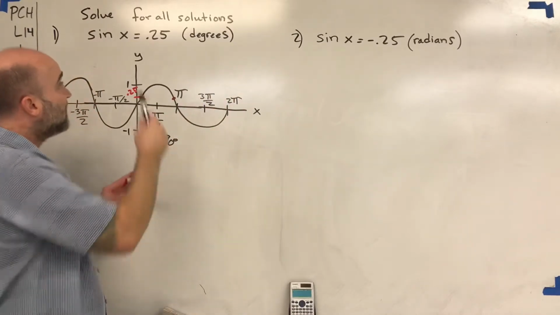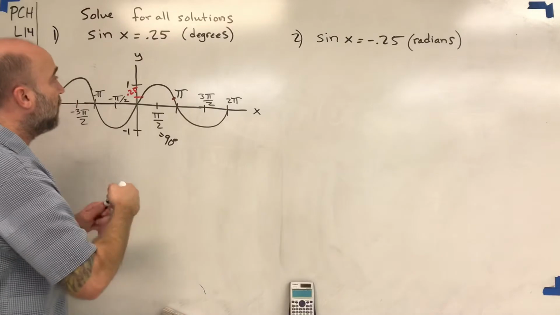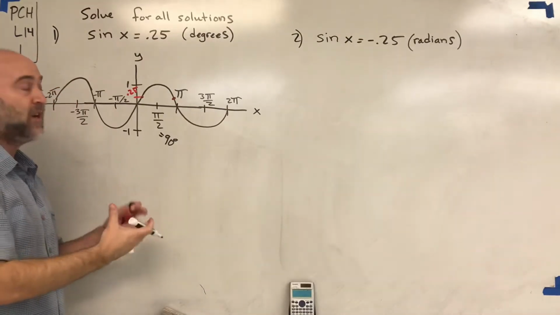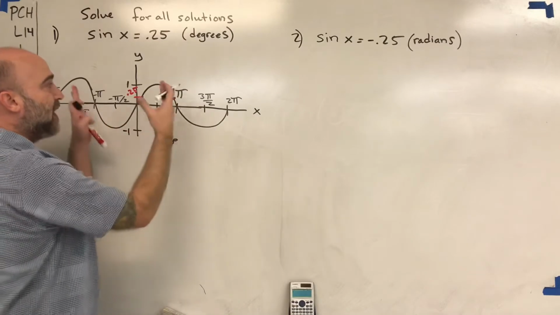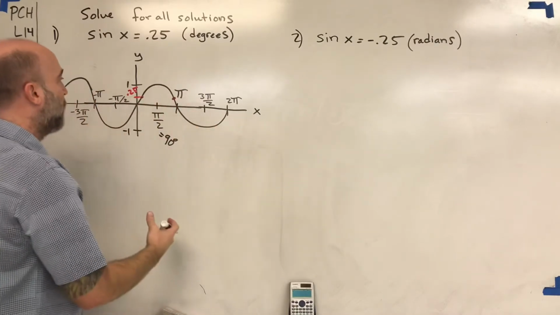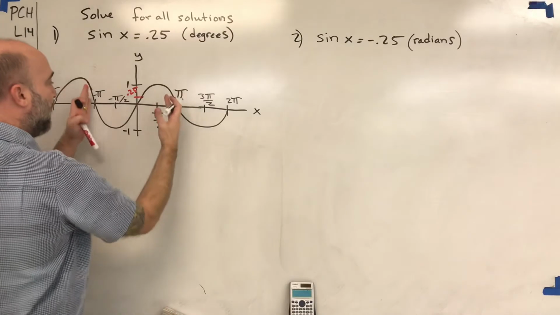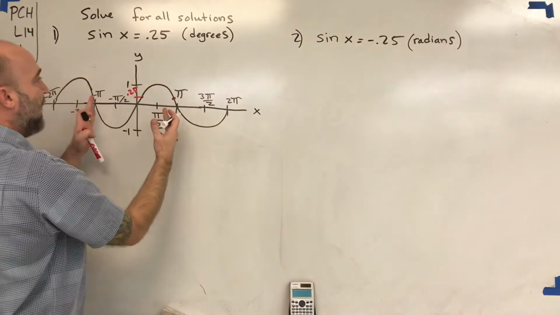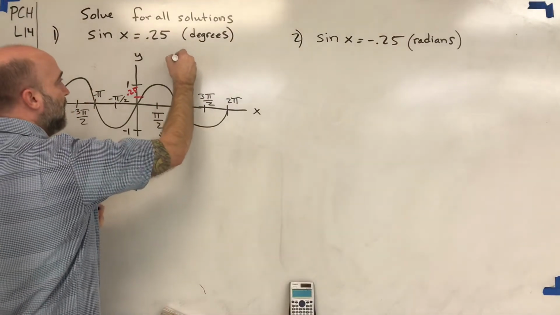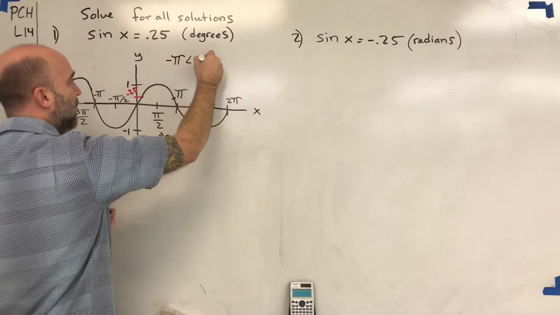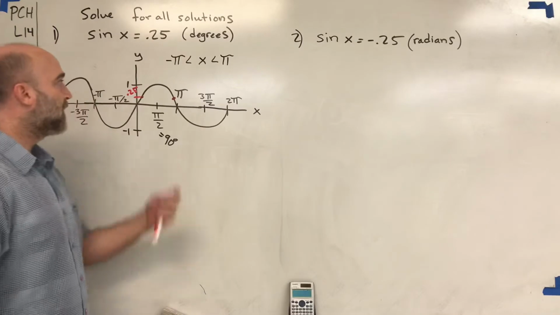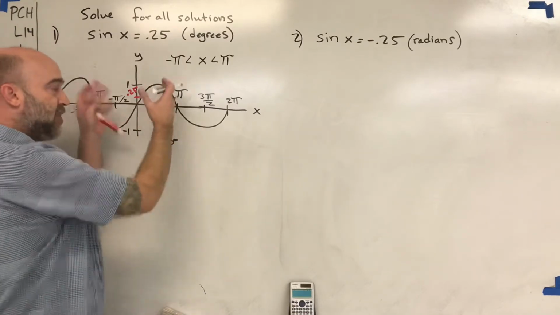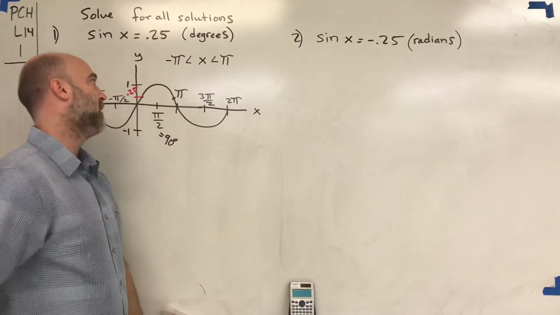But when it comes to x, usually we are restricted in our domain here. We like to have a nice little segment that we look at, and then we can have that repeat idea over and over again. So notice that we usually focus on negative pi to pi, in a parent function way.